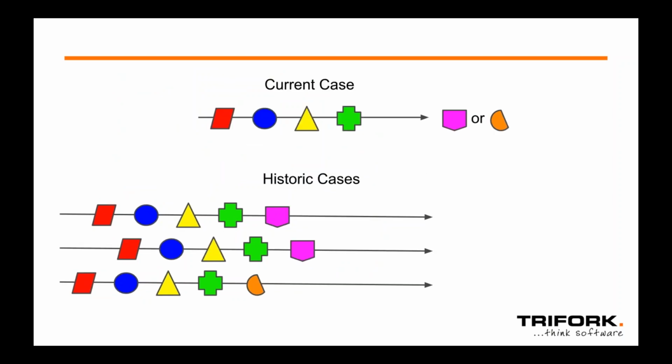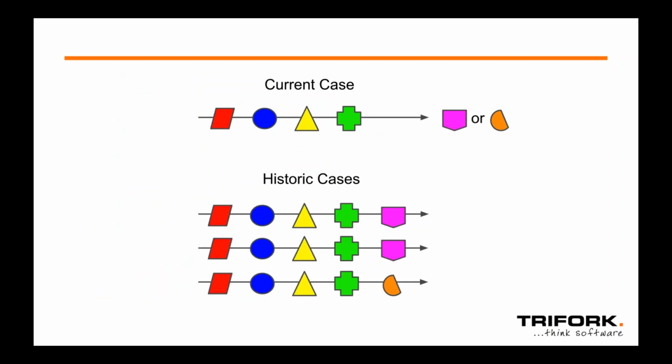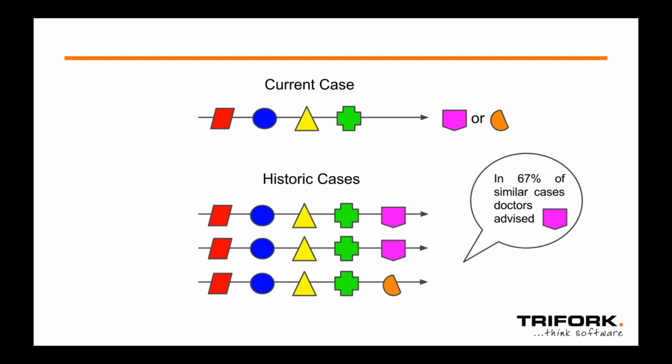And using that, we're then able to say, well, we now have a current patient that has this sort of history. What sort of choice was made for similar patients? We can look at historic cases, and in this case we have a few, and we can say something like, well, in two thirds of the cases we did so, or we did something else.